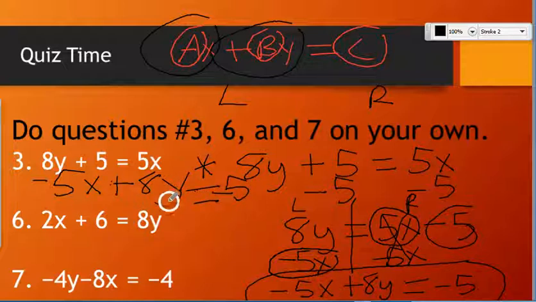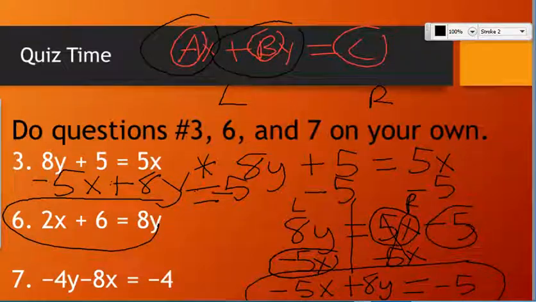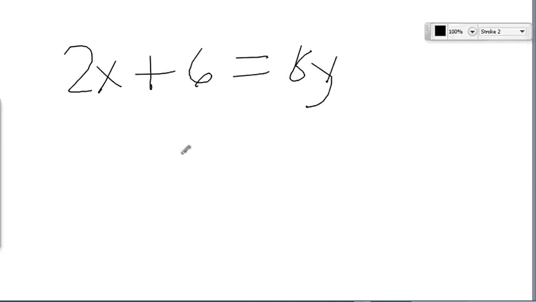So let's go ahead and look at the next one, number 6. 2x plus 6 equals 8y. So remember, in order for this to be in standard form, we need the x term and the y term on the left side equal to the term that is just a constant on the right side.